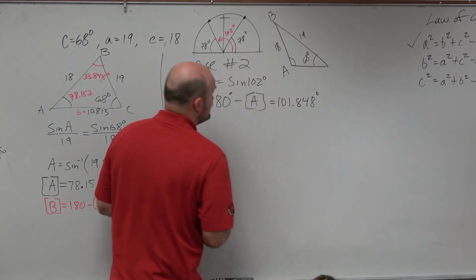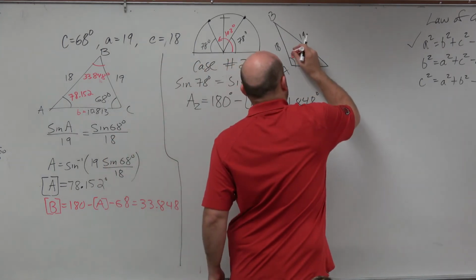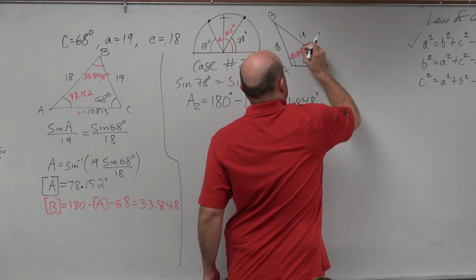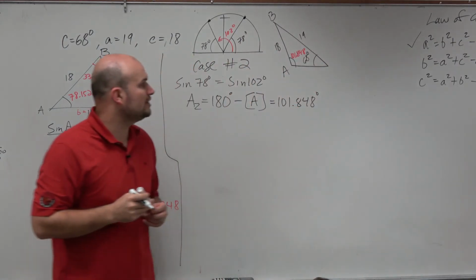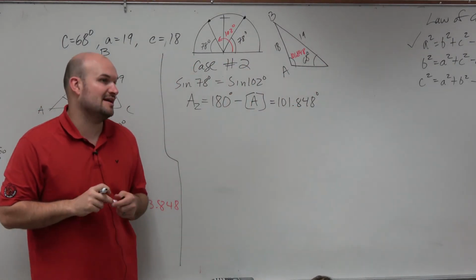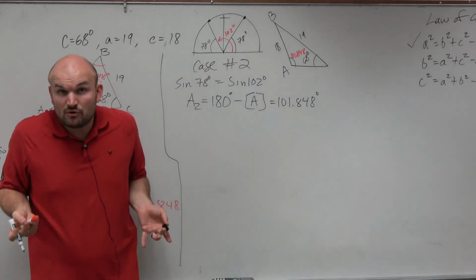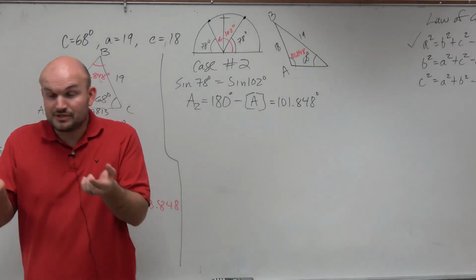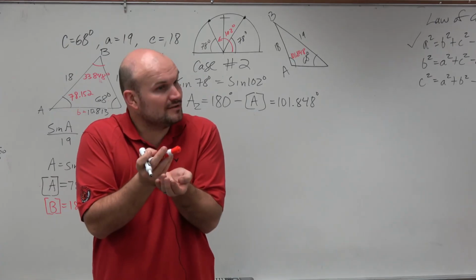So could this be a possibility? Could that angle be 101.848 and then have 68 degrees? Yes, it works, right? So that means this example has two triangles.